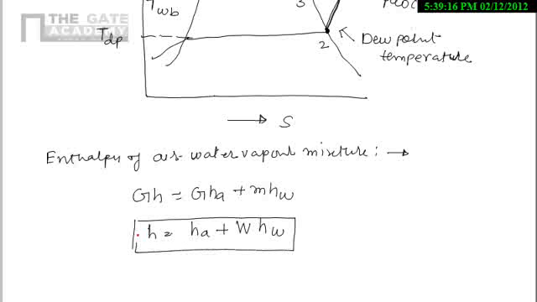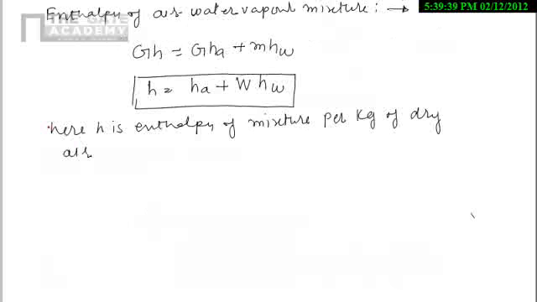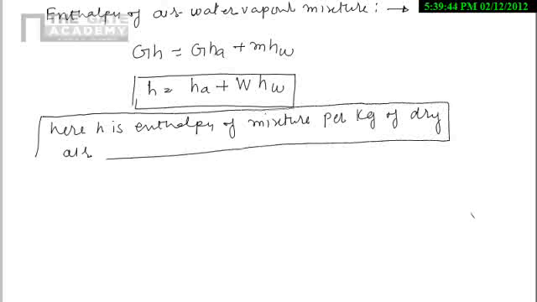Remember, H is the enthalpy of the mixture per kg of dry air, and the formula for that is H_A plus W H_W.